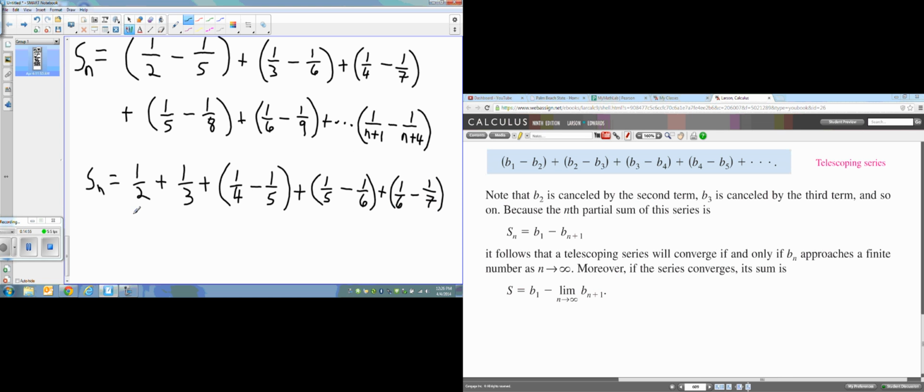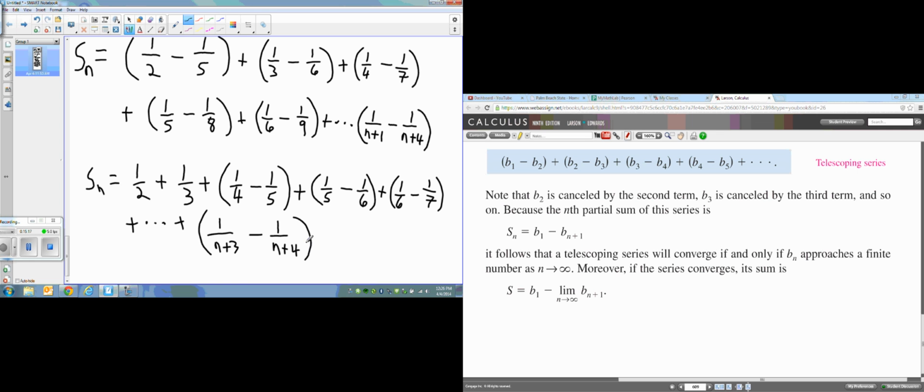And this could continue on, plus dot dot dot, plus the last term, 1 over n plus 3 minus 1 over n plus 4.